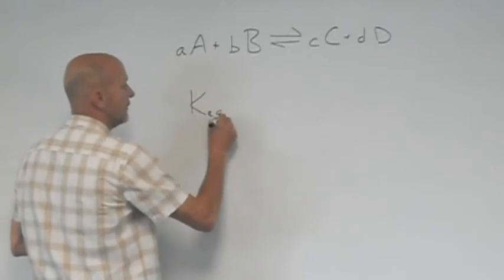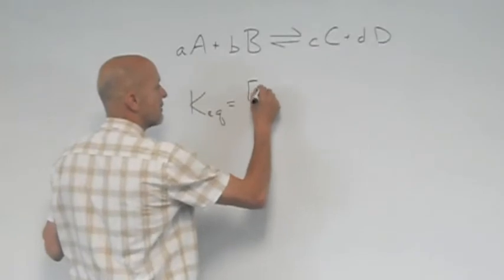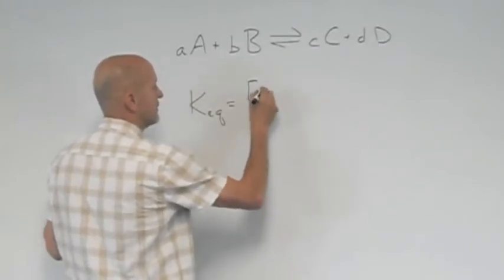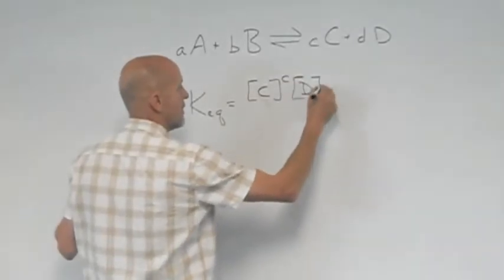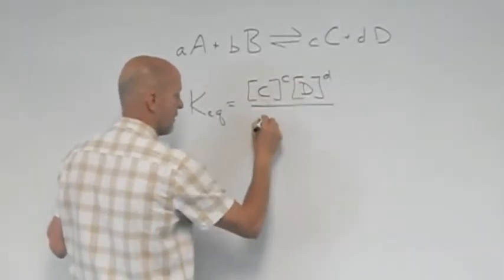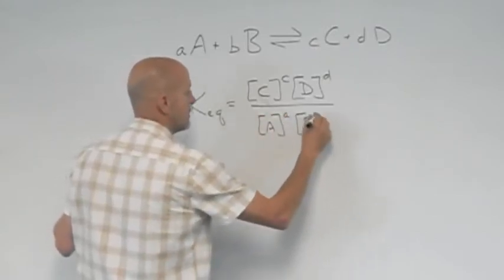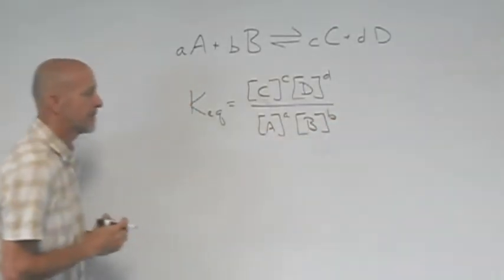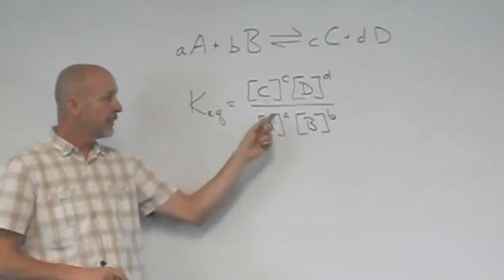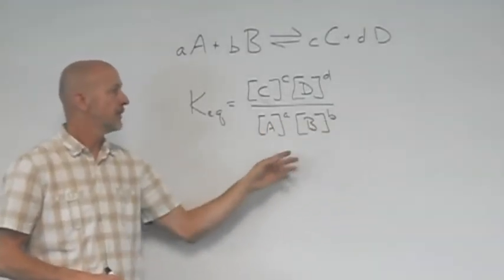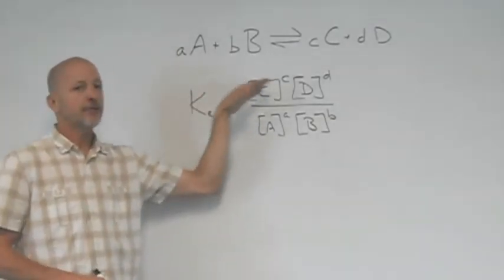KEQ, at equilibrium, will be a constant value that depends on the concentration of reactants raised to the power of the coefficient, and that will be divided into the products raised to the power of the coefficient.